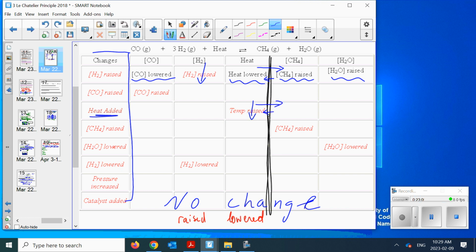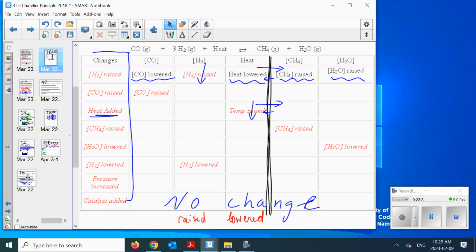Now, on a question like this, I could ask it a number of ways. I could say, will the reaction shift forward or reverse, left or right? Or I might just say, tell me what happens to each one of these products or reactants. I'm doing it backwards. So I only have the arrow left and right there just to kind of get my thinking.